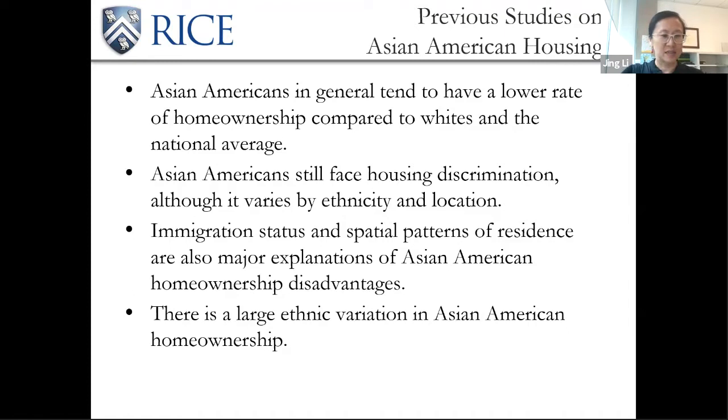Immigration status and spatial patterns of residence are major explanations of Asian American home ownership disadvantages. Immigration variables such as English language proficiency and duration of stay in the US play an important role in home ownership.